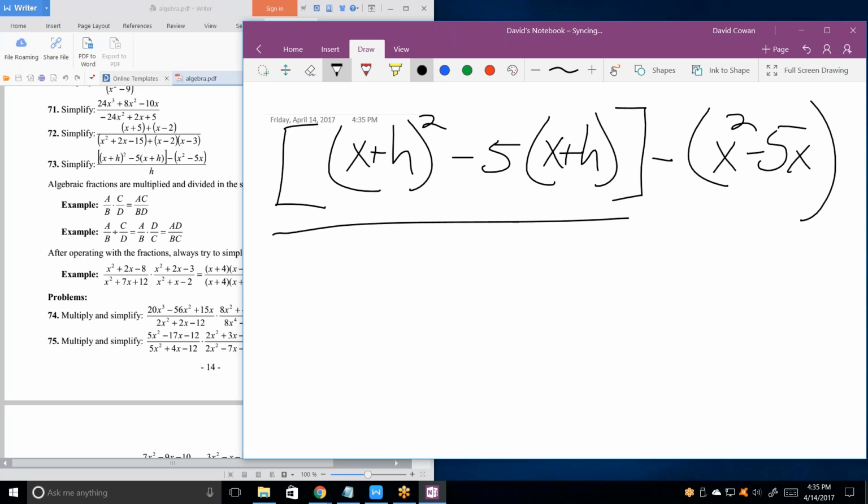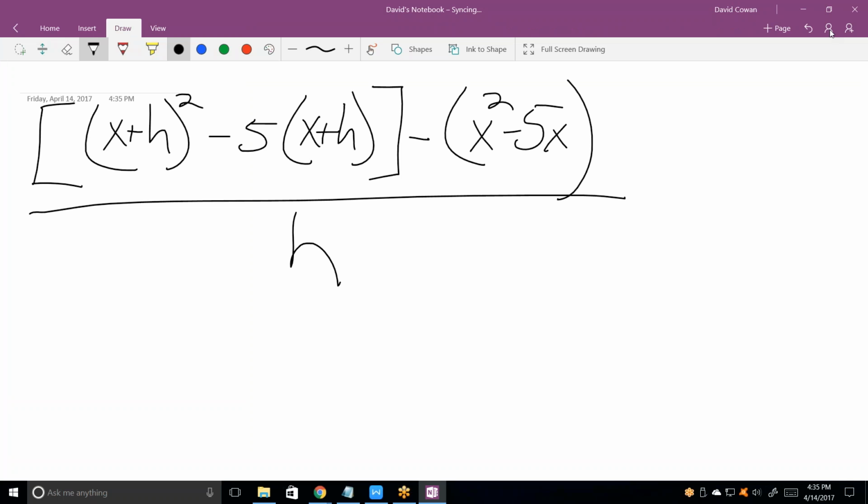Now, the fact that it's all over h, this is your first glimpse of calculus. This is kind of a calculus problem. Okay? Now, the goal is really simplify everything and see what we got.